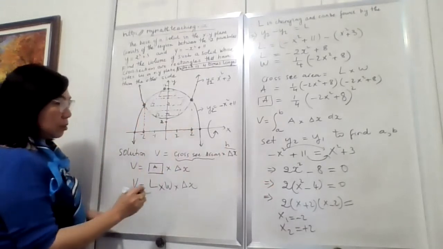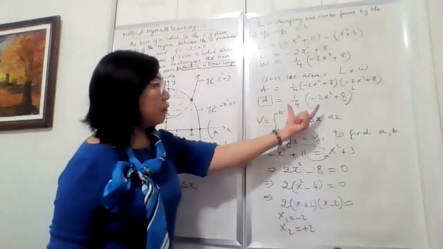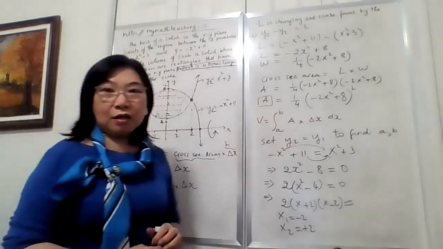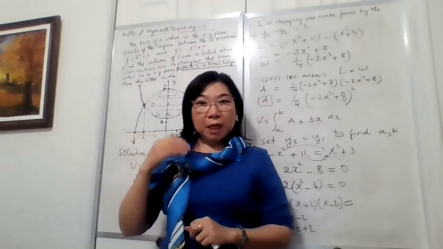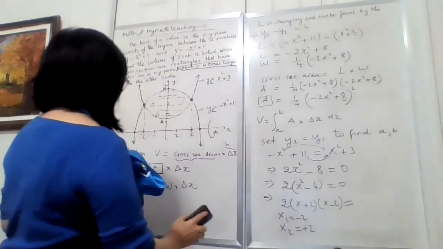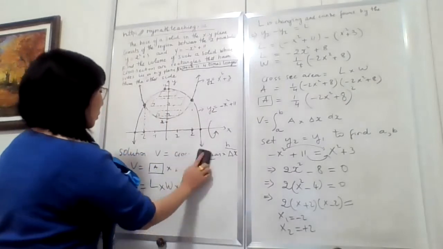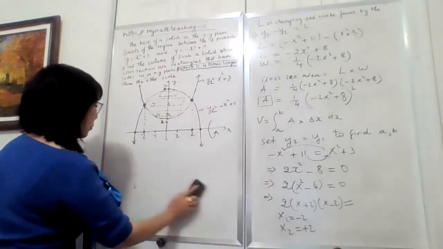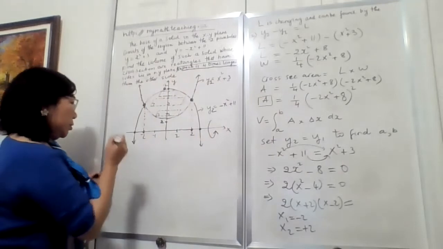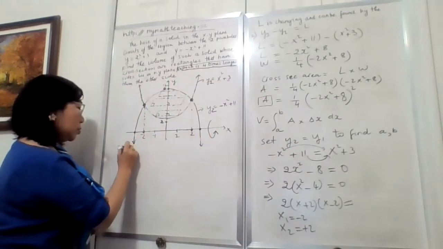So we're going to substitute the A and B here, and we're going to substitute the area function in here to do the integration. And our integration will go from minus 2 to 2 interval. So let me erase some of the part here so that we can continue. Okay, so we're going to do the integration from minus 2 to 2, now that we know this is minus 2 and B is 2.